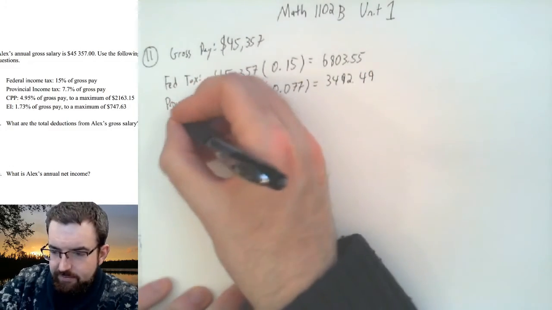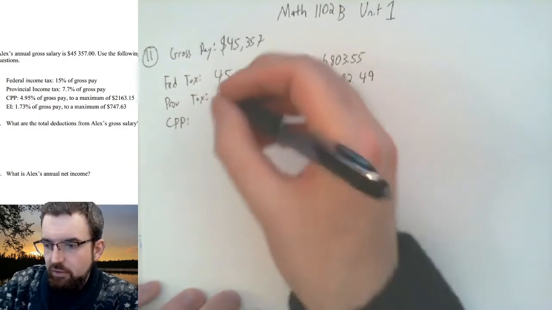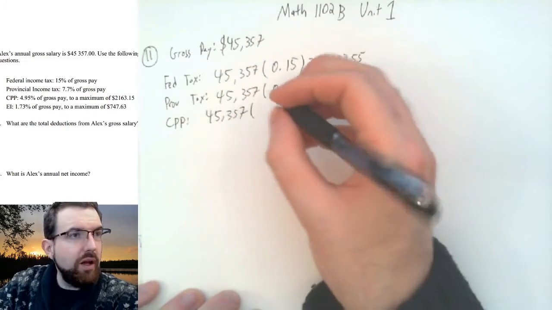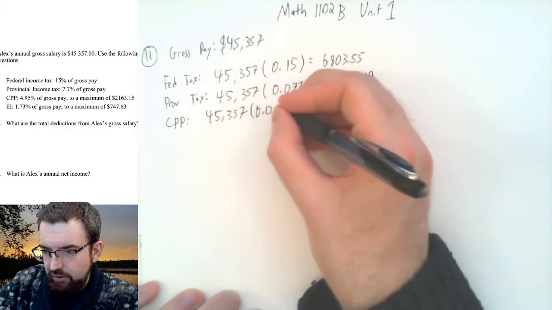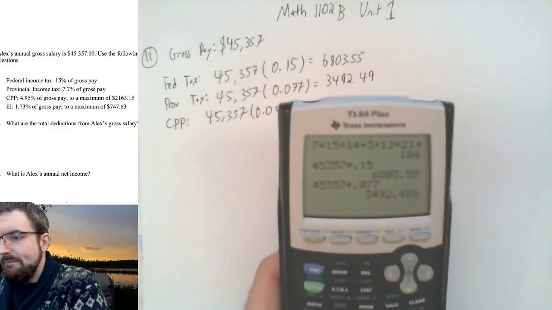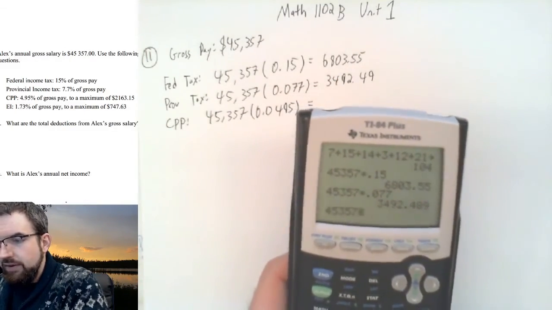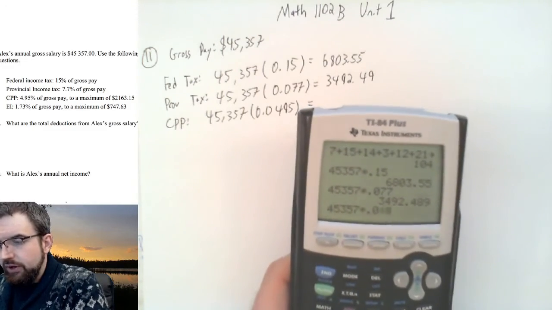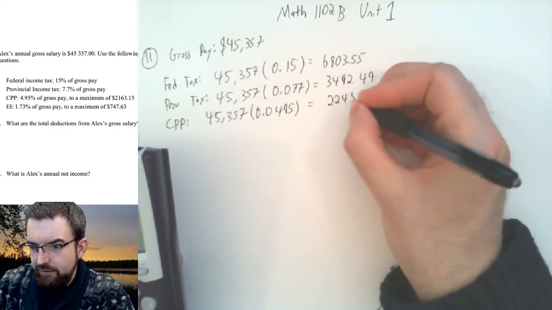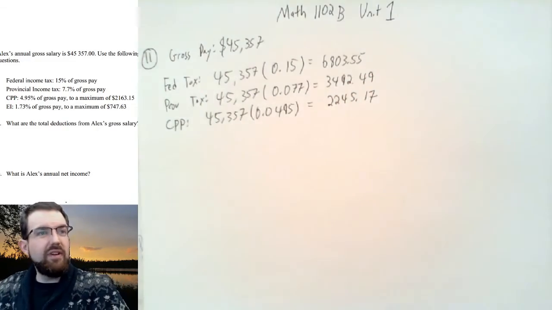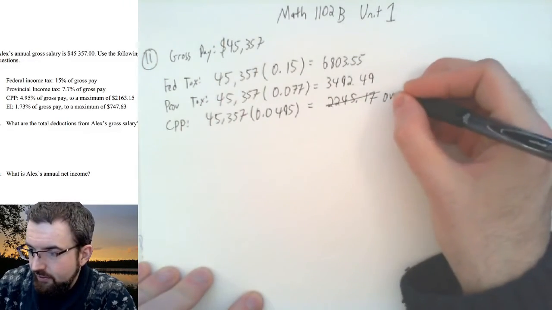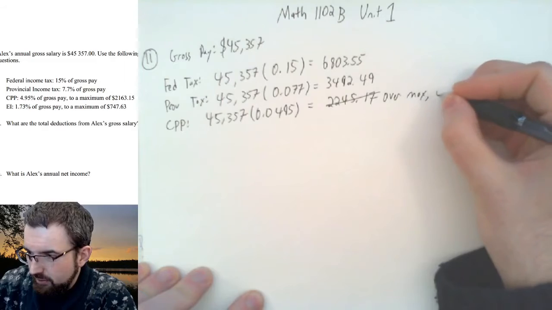Our CPP, well, that one's going to be the same amount multiplied by 0.0495. 45357 times 0.0495 equals 2245.17. But we know now, right? We see over there on the side that this is over max. So we're going to use 2163.15.